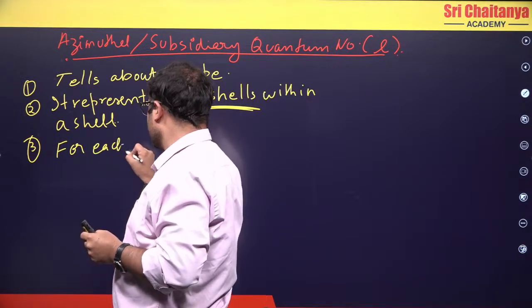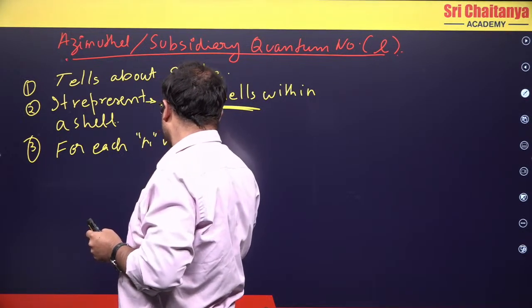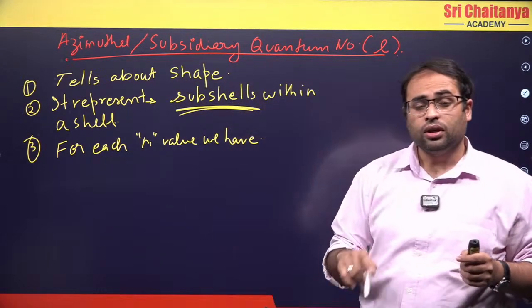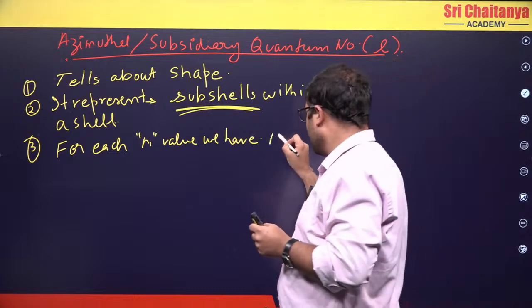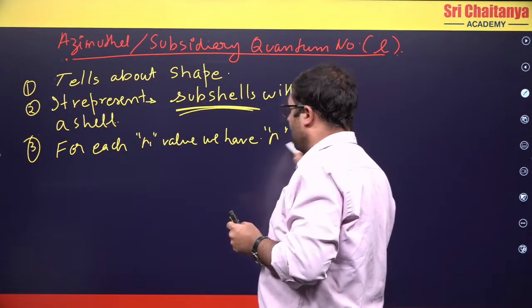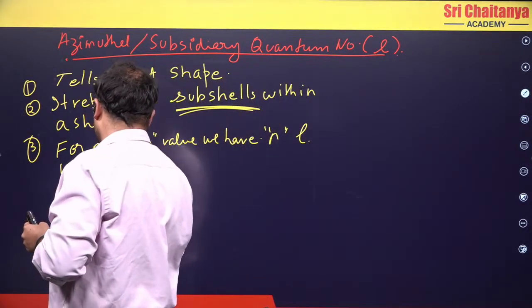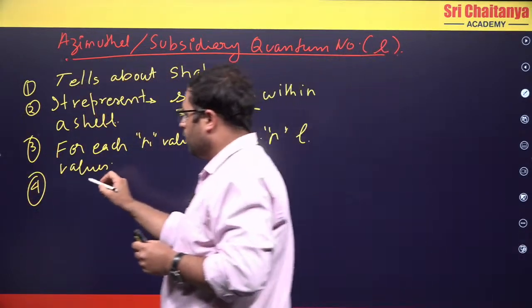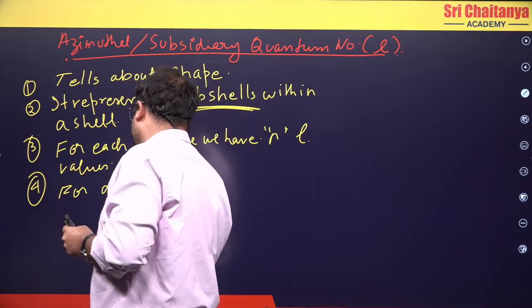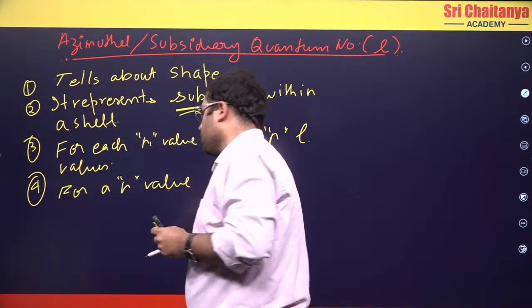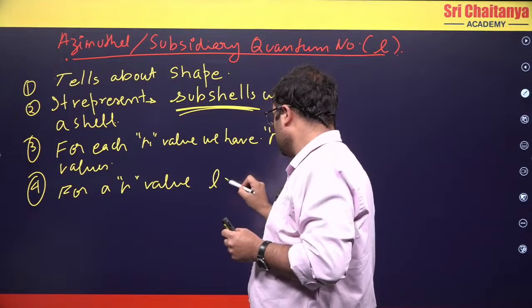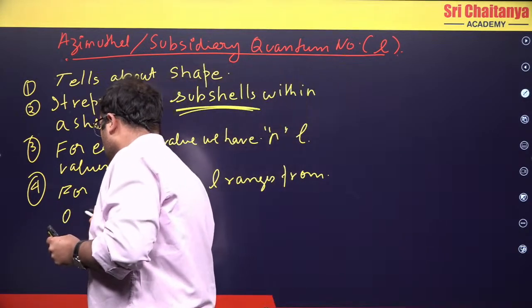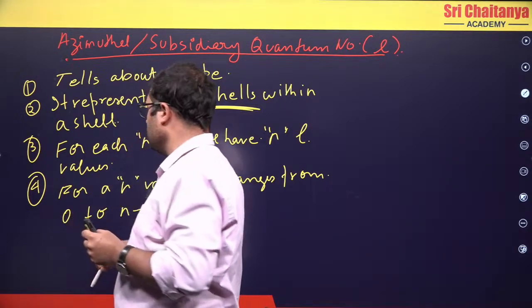For each n value, we have what? We have n L values, right? We'll talk about that. For a n value, L ranges from 0 to n minus 1.